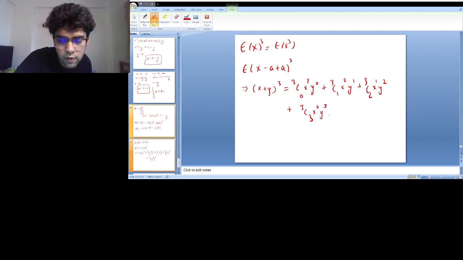And the value of 3C0 is essentially 3 factorial upon 0 factorial times 3 factorial, which is 1.